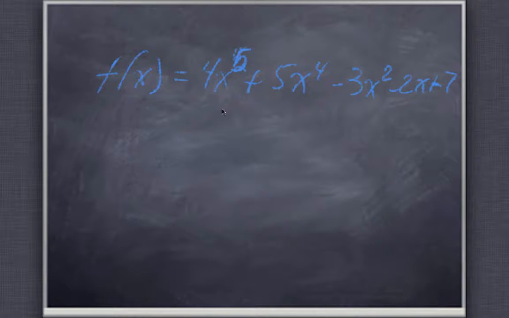If you just look at f of x, this is a positive coefficient, that's positive, that's negative, so that's one change. Then that's still negative, and then that's positive, so that's another change. So you have possibly two positive real roots.